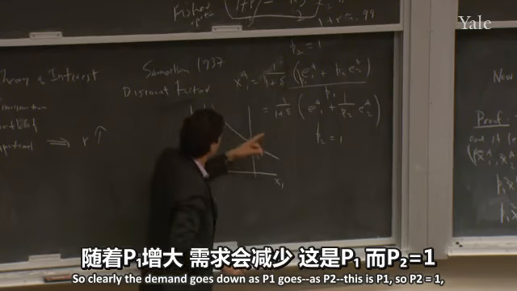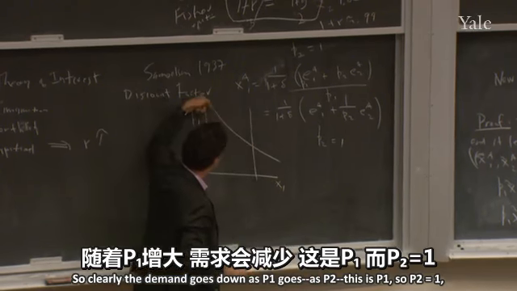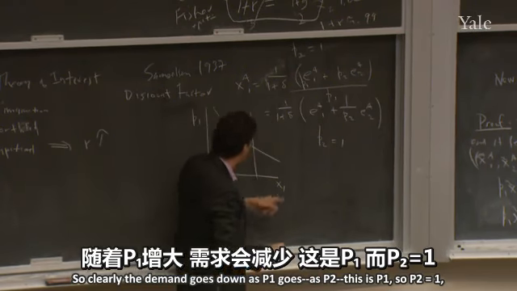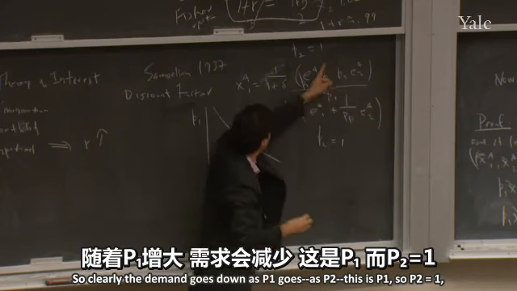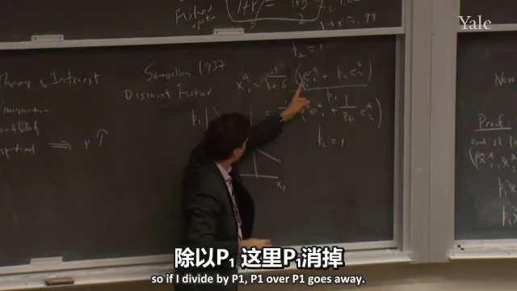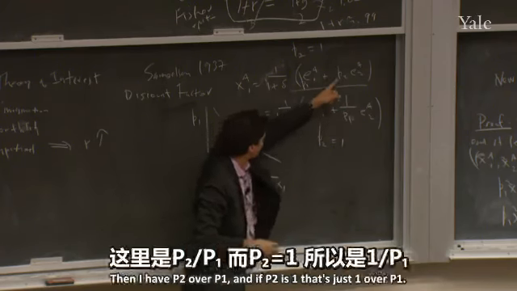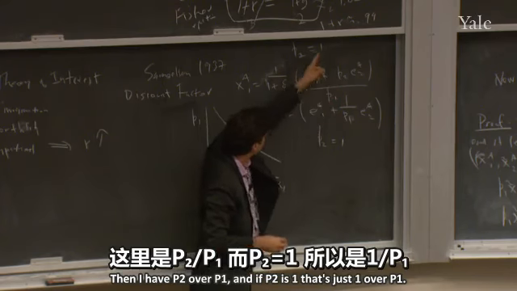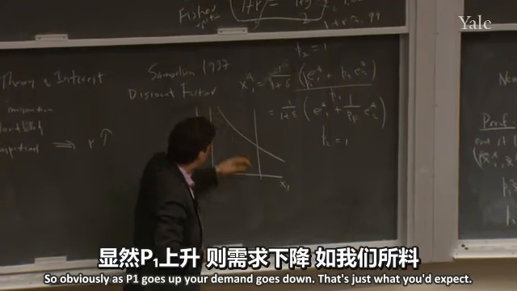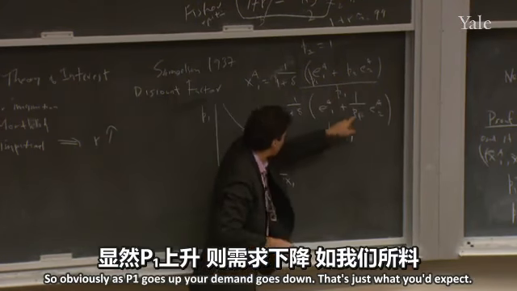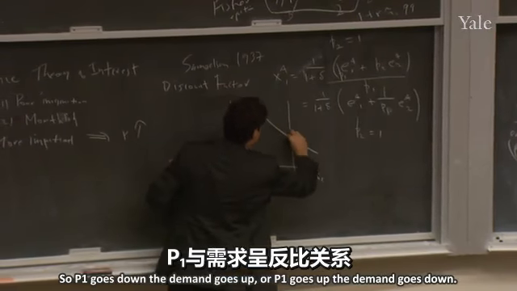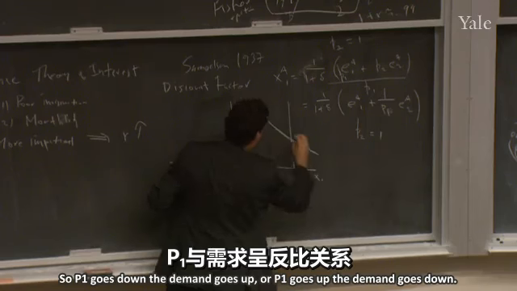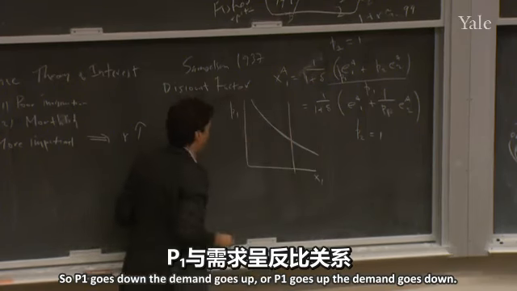Clearly the demand goes down as P1 goes up. If P2 equals 1 and I divide by P1, P1 over P1 goes away, and then I have P2 over P1, and if P2 is 1, that's just 1 over P1. So obviously, as P1 goes up, your demand goes down. That's just what you'd expect.